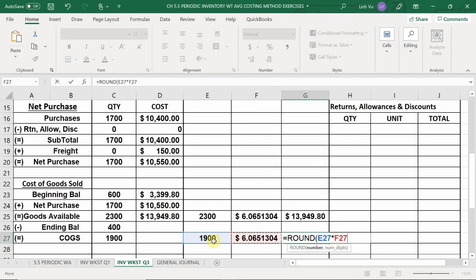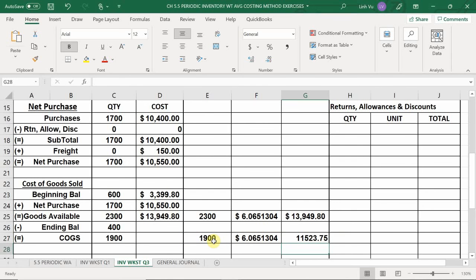First part of the argument is going to be your equation. What's the formula that you're going to be solving? In this case, it's going to be my quantity times my cost per item, right? End your argument with a comma, and the next part is going to be how many decimal places do you want to round your number to? In this case, I want the nearest penny, so that means that's 2 decimal places, okay?